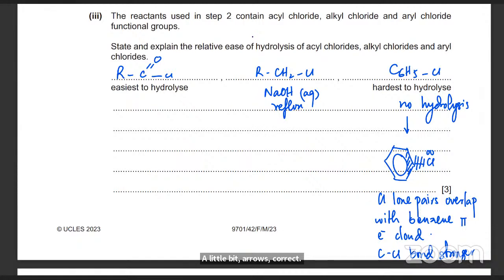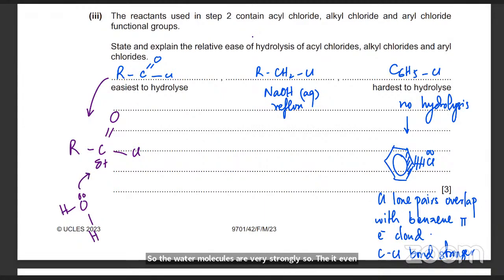Okay, sir. So the other thing is acyl chloride. Why are they easier to hydrolyze? Because the carbon has a very strong positive charge. So even hydrolyzes vigorously with cold water. Water molecules are very strongly attracted to this carbon that's positive. So there's a strong attraction.